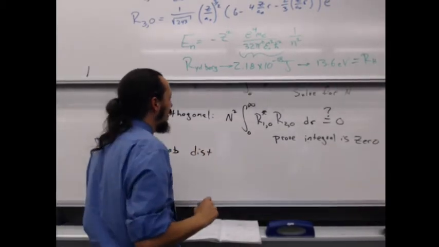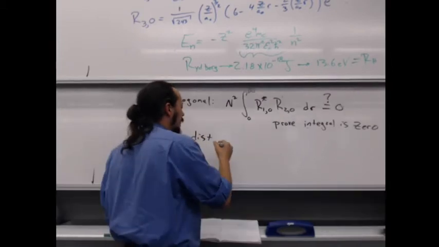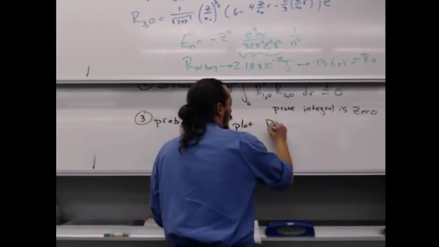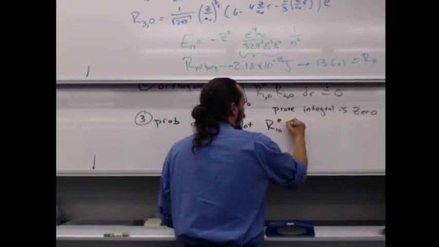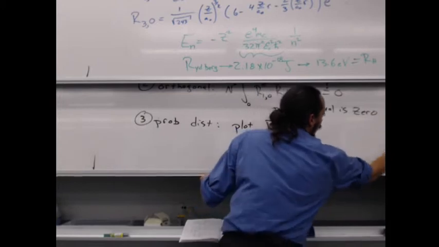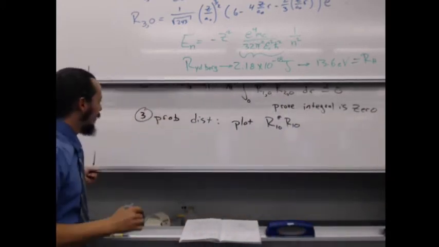The probability distribution would just be to plot R10 star R10. And we can look at that probability distribution.